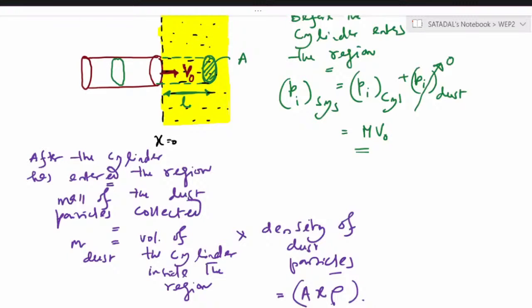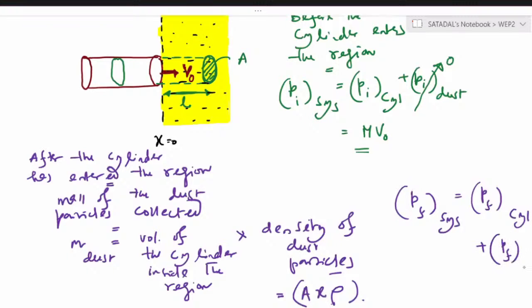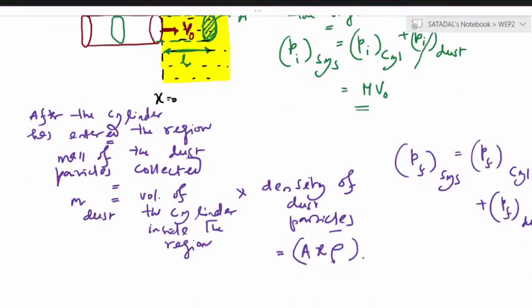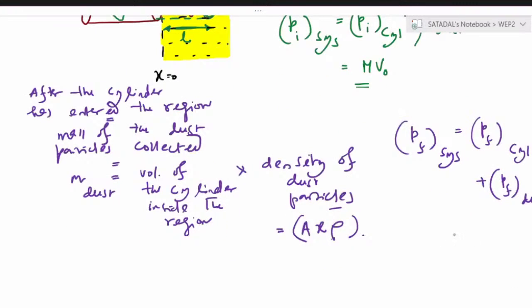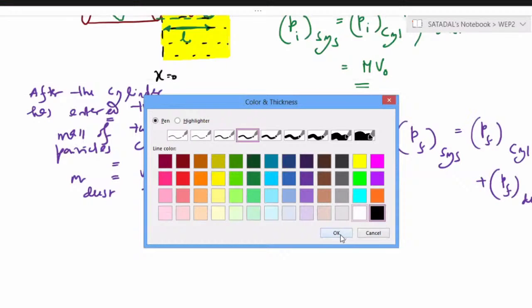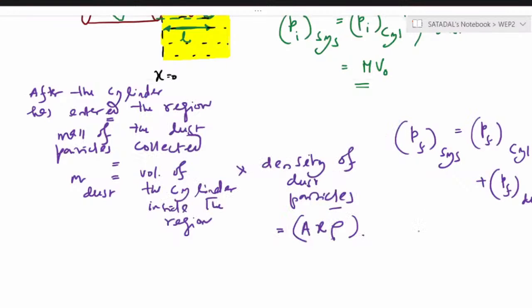Correct? So now P final of the system is equal to P final of the cylinder plus P final of the dust particles, since the cylinder and the dust particles are moving together. So it will be capital M plus A X rho, total, into V. This is P final of the system.